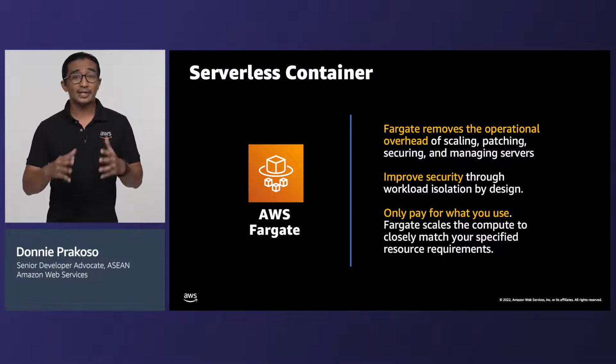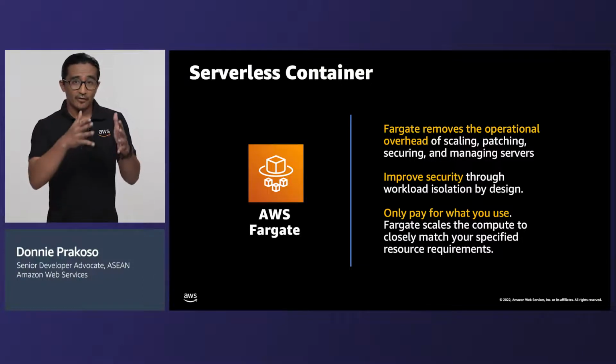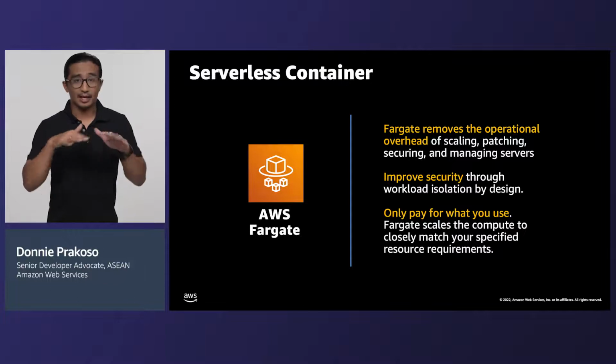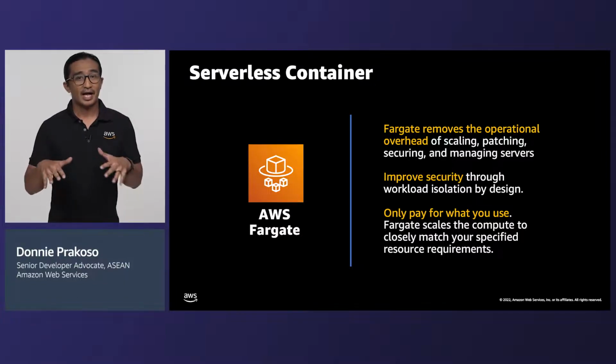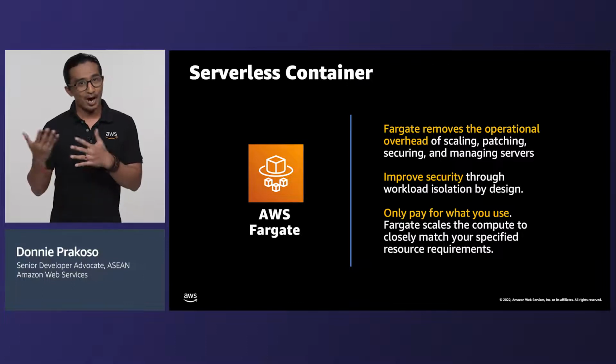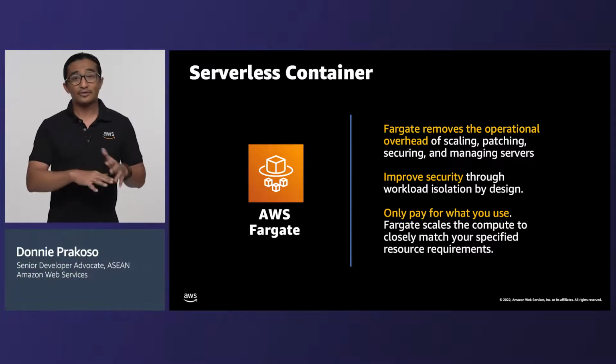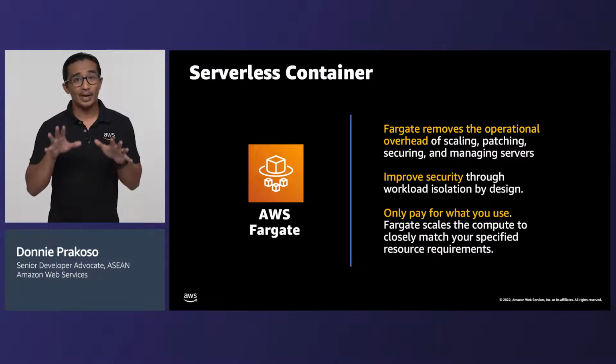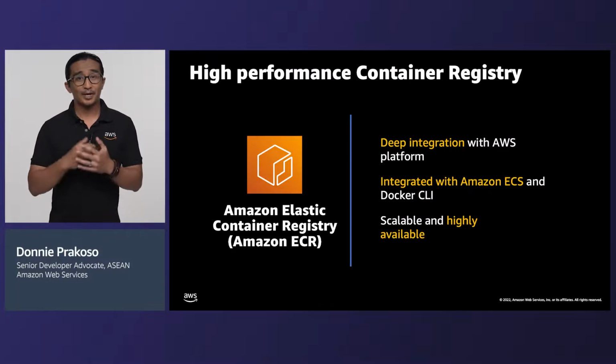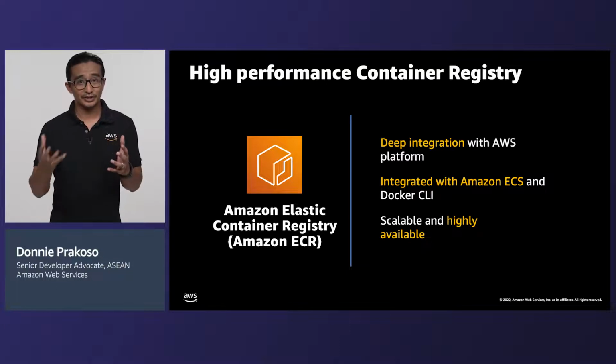Simply because Fargate runs in serverless mode, so you can focus on building your product and not the infrastructure. Fargate can also provide a significant operational saving. Why? Because with Fargate, it frees you from having to manage any of the underlying infrastructure, and it also comes with improved security.